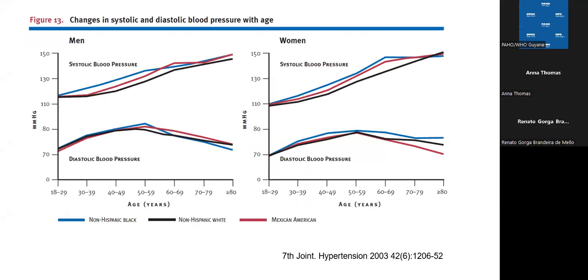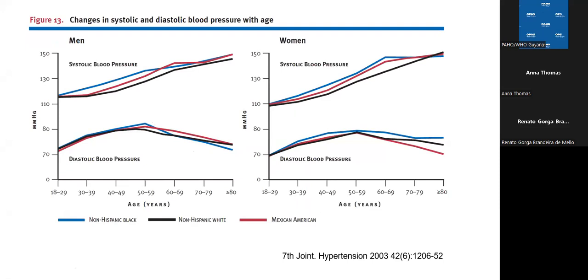Here, these charts demonstrate how blood pressure changes with age. Systolic blood pressure increases with age, and diastolic blood pressure decreases with age as a consequence of the aging of the cardiovascular system, especially arterial stiffness.